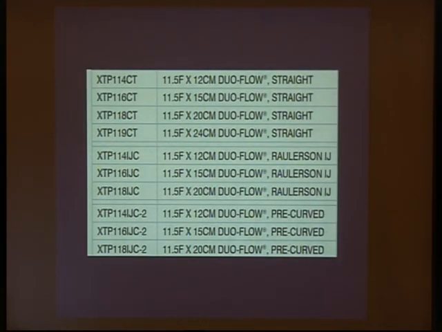This is an example of a commercial catheter group available in Egypt. So, for example, this one is 11.5 French, 15 centimeters, suitable for right internal jugular catheterization, and this is 20 centimeter length for left internal jugular catheterization, and this longer one is for femoral catheter insertion.